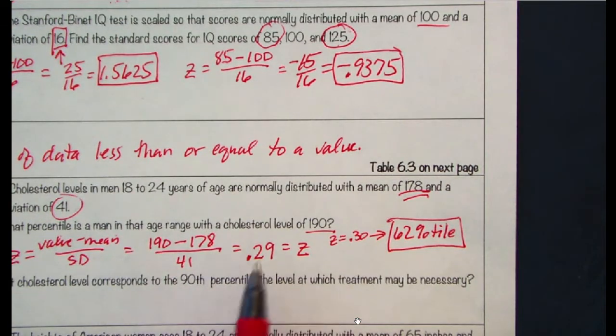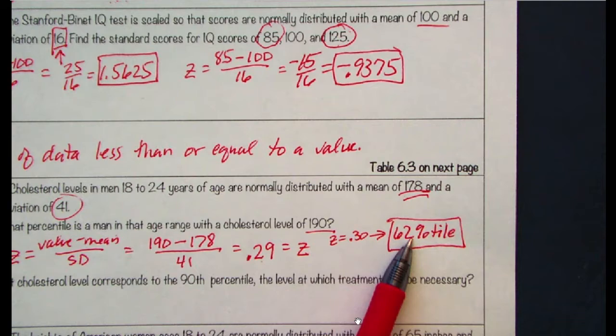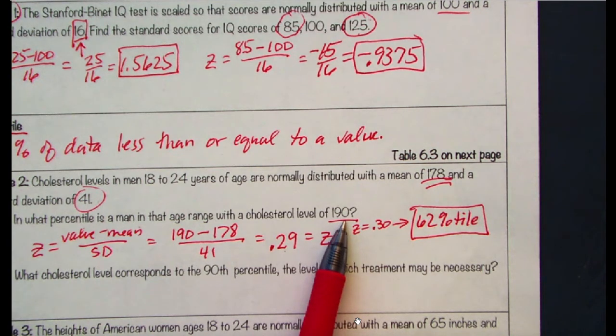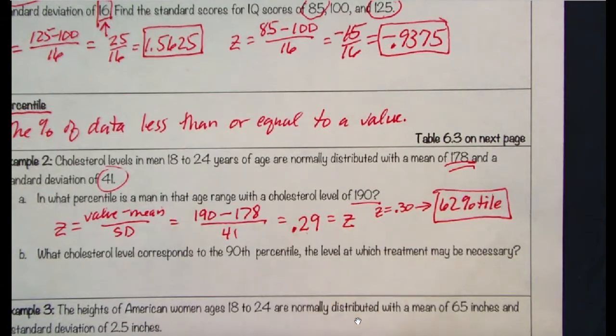Sorry about that, I went off the screen a little bit. So once we calculated the z-score of 0.29, we rounded off to 0.30 so we could look it up on our table, and then the table told us it's about the 62nd percentile. So 62% of men have cholesterols less than 190 in this age range.